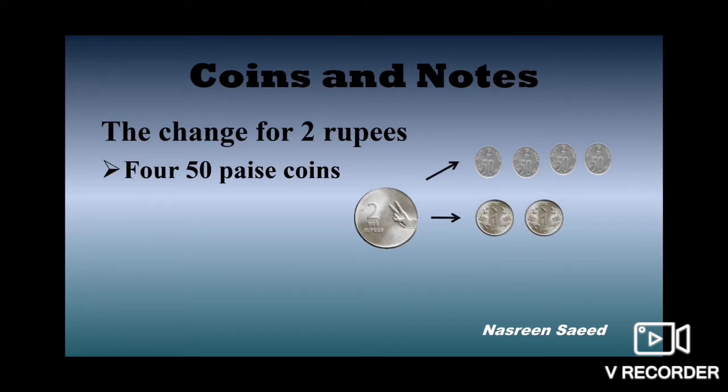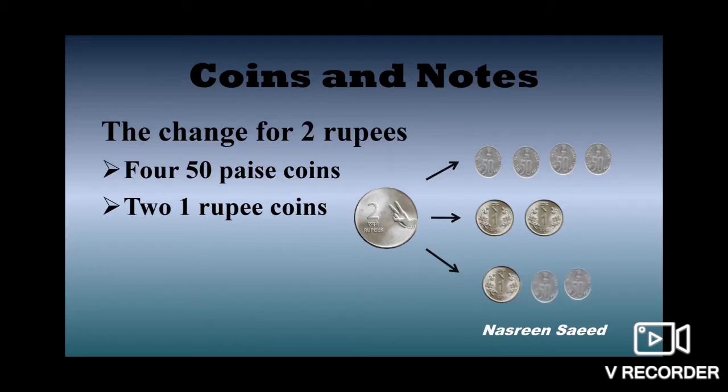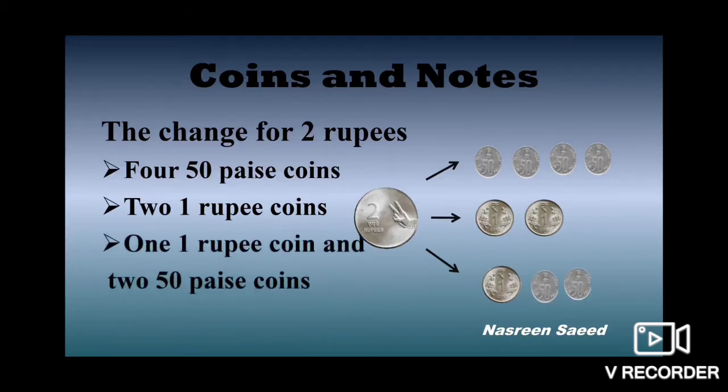Instead of having 1 2 rupee coin we can have 2 1 rupee coins. We can have one more bifurcation. We can have 1 rupee coin and 2 50 paise coins. So instead of carrying 2 rupees, we can carry 1 rupee and 2 50 paisa coins. This is the exchange of 2 rupees into smaller ones.